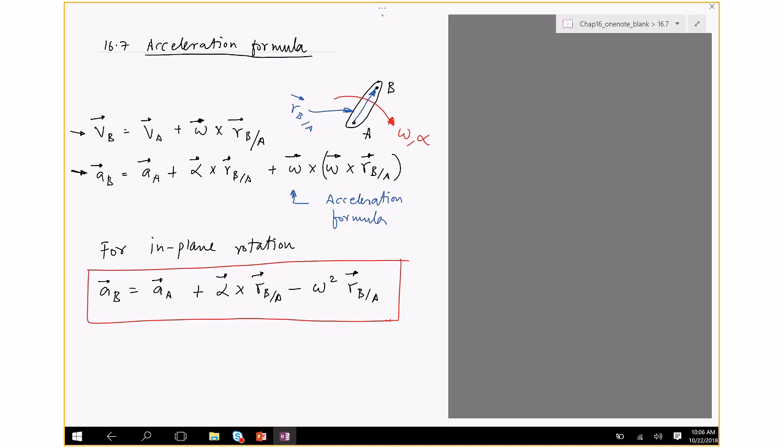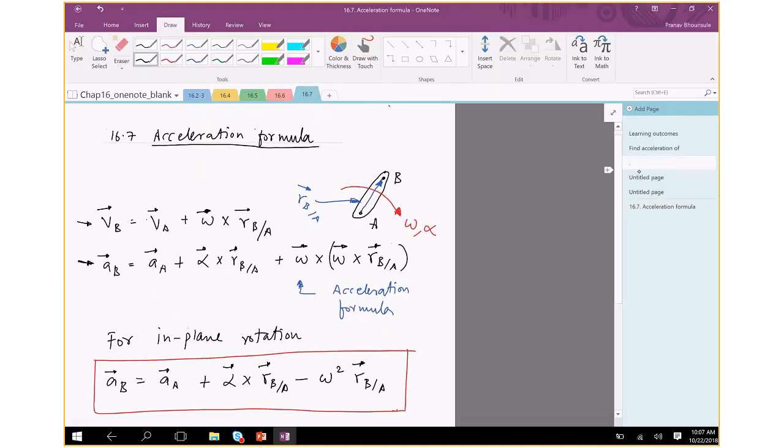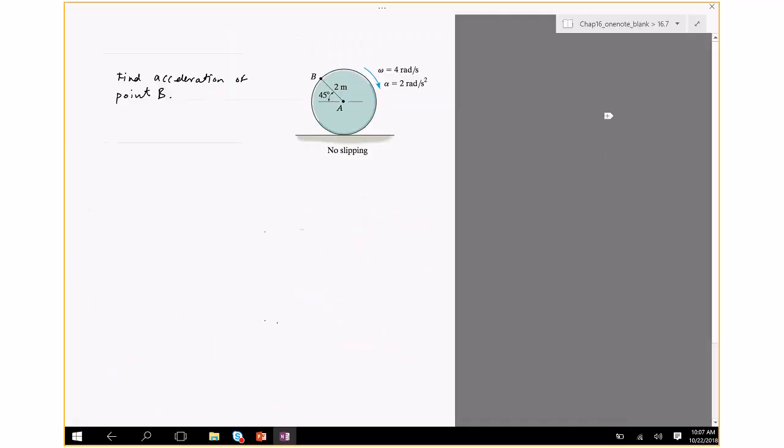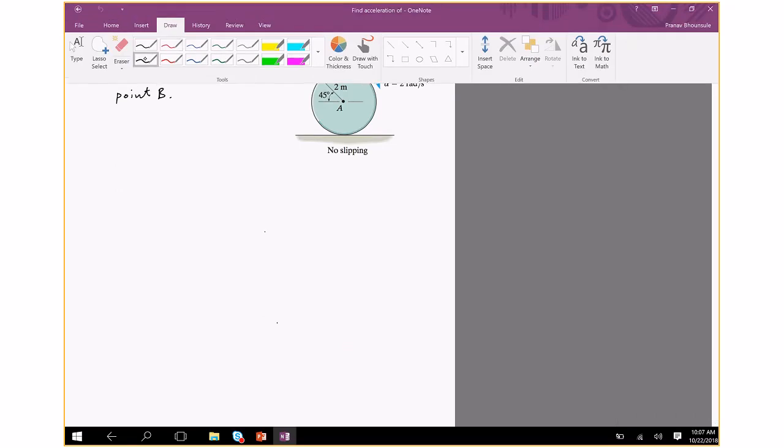Okay, so what I'll do is first demonstrate how to use that acceleration formula, and then I'll do a problem involving mechanisms like we did in the past and show you how to use the acceleration formula to find accelerations of points or angular acceleration alpha and so on. Okay, so here is a basic problem.